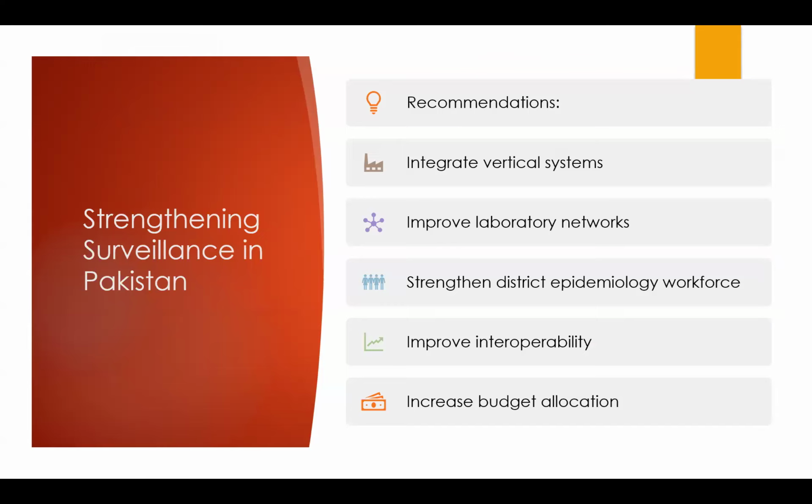The most important recommendation is the integration of all the vertical programs. Like I mentioned before, the TB program and HIV program are all working in silos. So, what should be done is the integration of all these different systems, improving the laboratory network, strengthening the district epidemiology workforce, improving interoperability, and increasing budget allocation.